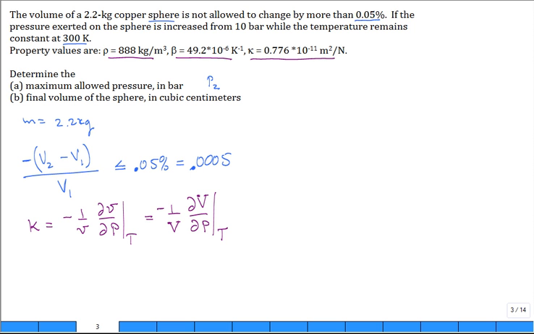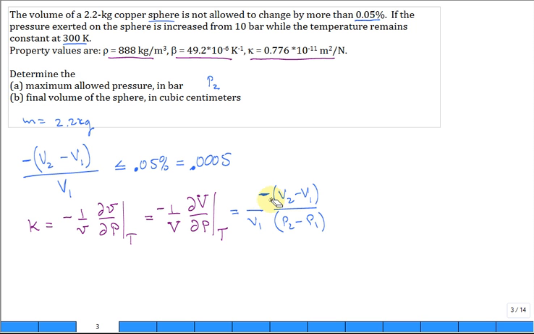So you go from specific volume to total volume, V. And then you approximate this derivative by V2 minus V1 divided by P2 minus P1. So we've approximated that derivative. And then you have 1 over V1. So I put the negative sign right there in front of the V2 over V1.